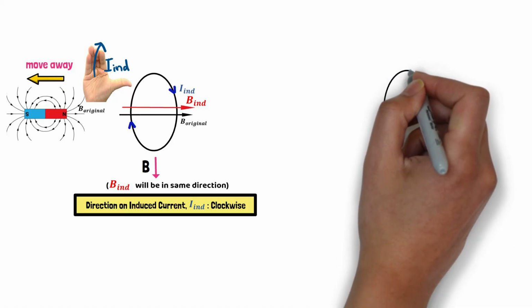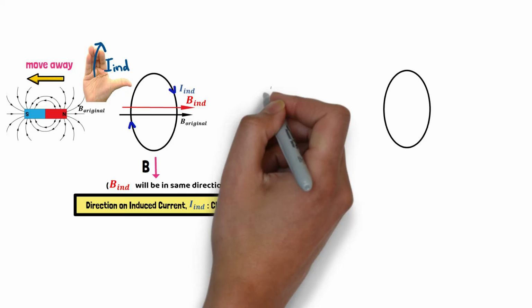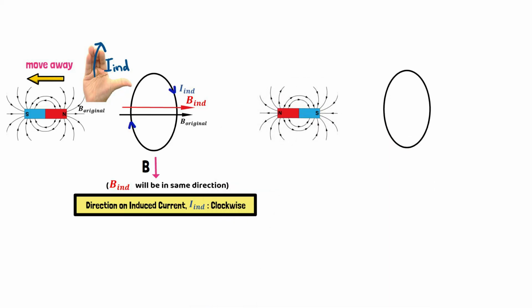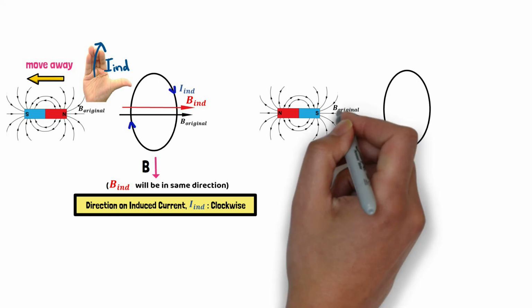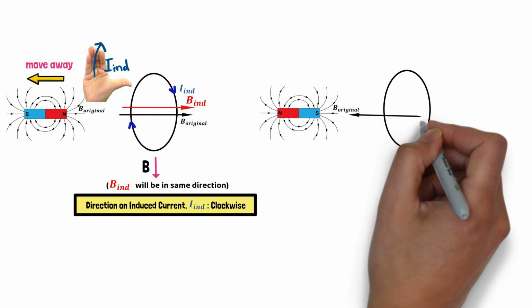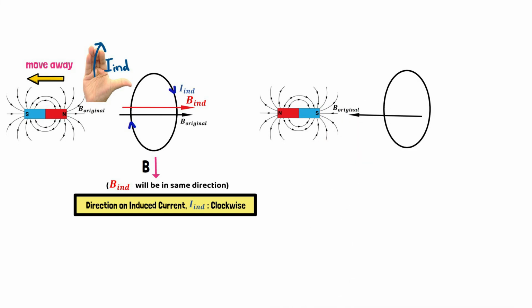Okey, untuk yang seterusnya kita terbalikkan magnet tadi. So sekarang kita ada south pole that is closer to the coil. So based on this diagram, the direction of the original magnetic field must be pointing to the left. Jadi untuk south pole, direction of the magnetic field mesti direction dia adalah inward to the south pole. Okay, masuk ke dalam south pole.